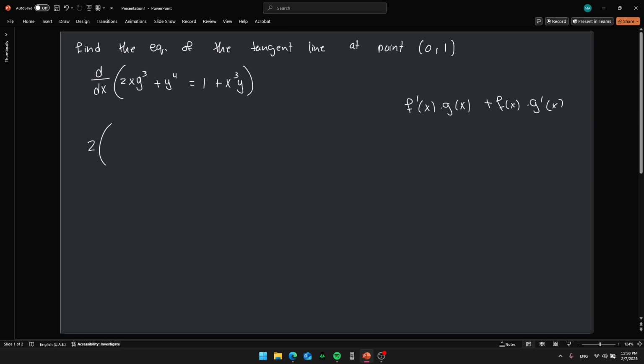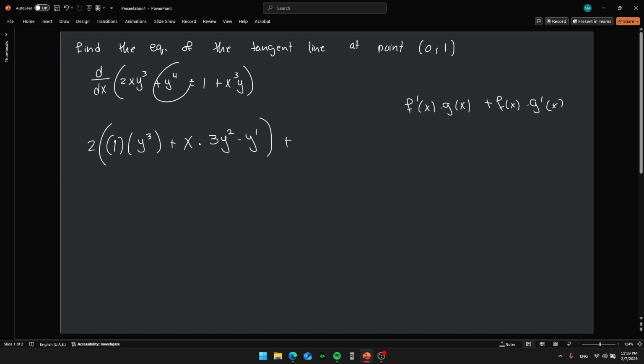So the derivative of x is 1 times g of x, which is y to the power of 3, plus the normal f of x, which is x, times the derivative of g of x, which is y to the power of 3, which is 3y squared times y prime. Okay?